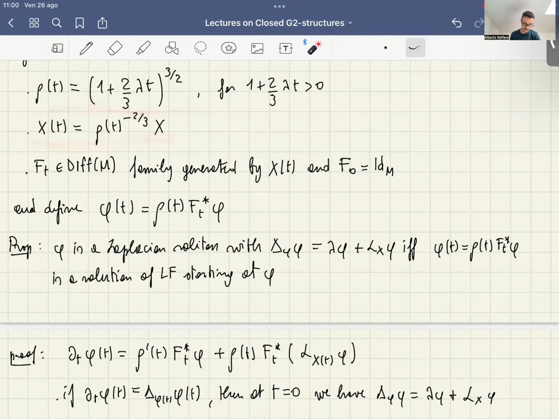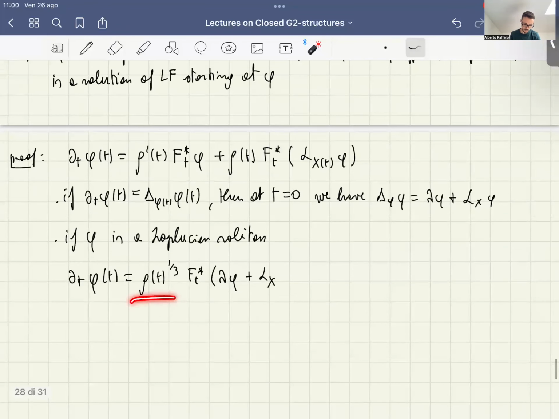Compare this with the expression of rho, and with the fact that here you have rho to the power of 1/3 now.